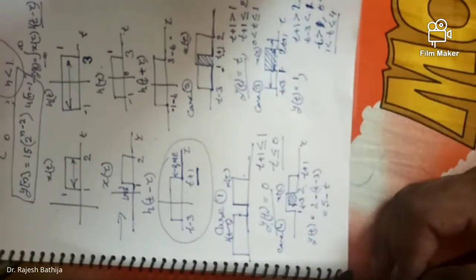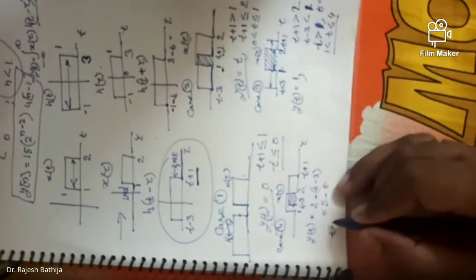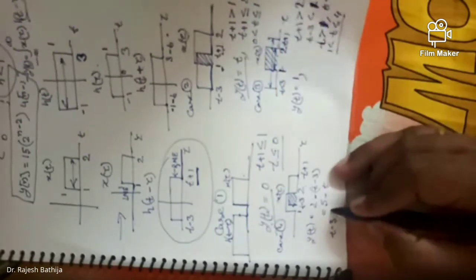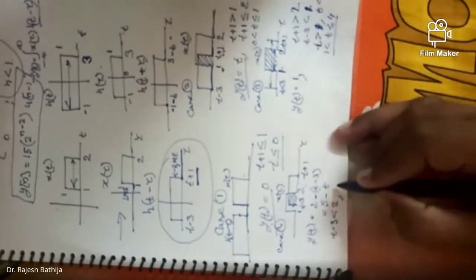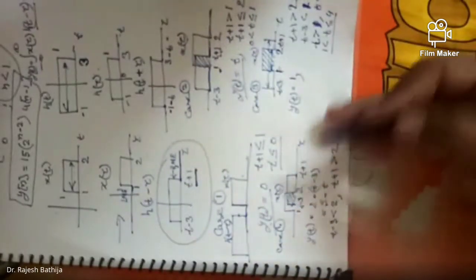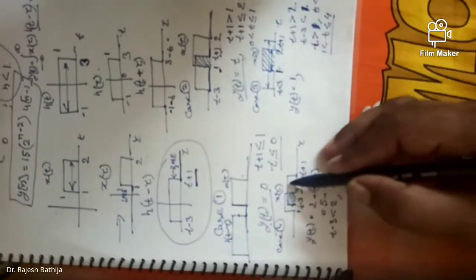And what should be the condition? Condition will be t minus 3 should be less than 2 and t plus 1 should be greater than 2. We cannot write t minus 3 greater than 1, because t minus 3 greater than 1 means t minus 3 can lie also here.